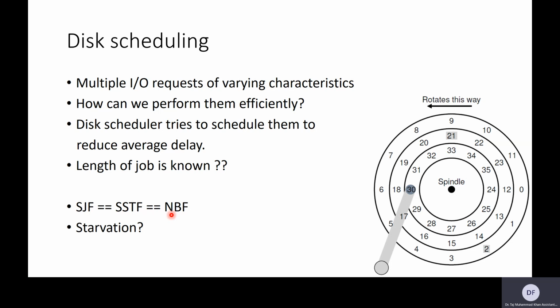But just like we can have starvation in process scheduling, similarly we can have starvation in disk scheduling. Let's say we have a strategy which is employing this shortest seek time first or nearest block first strategy to reduce the average delay, and our head is positioned at a certain sector on a certain track, and we have different requests which have arrived at different locations on the hard disk.